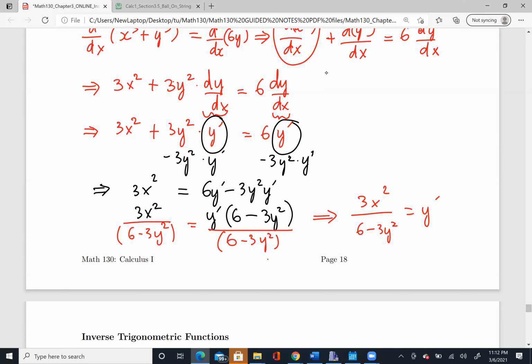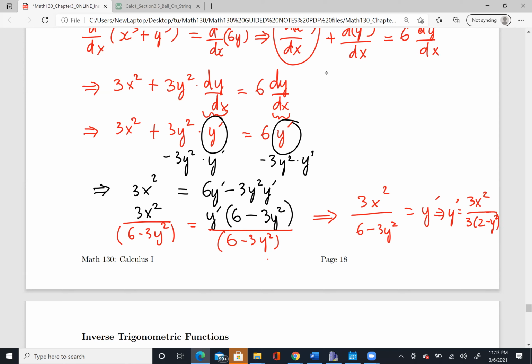So let me write y prime equal to 3x squared over 3 times 2 minus y squared.